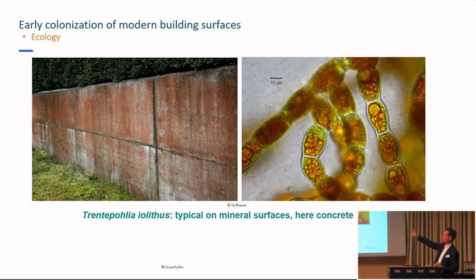So it always depends when I make my trick, if the person I'm dealing with can smell violet odor. But the alga itself is specialized on mineral surfaces, so it likes to have calcium in its substrate, like here on this concrete wall. And under the microscope, it's much more beautiful than here on the wall.